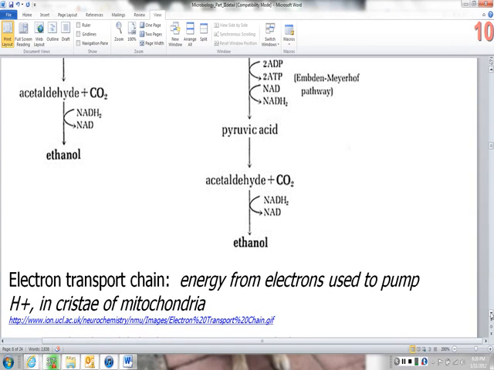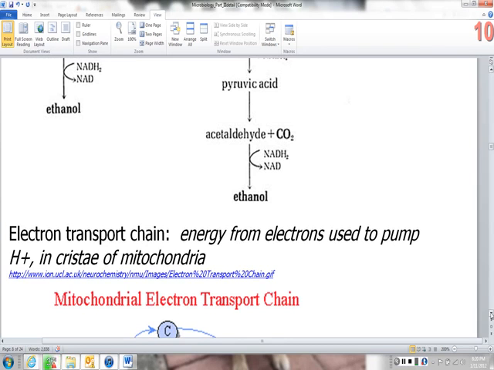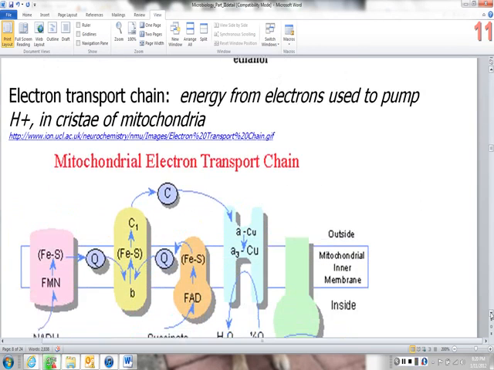The electron transport chain uses energy from the electrons to pump protons across a membrane in the cristae of the mitochondria. The source of electrons is the NADH and FADH2 from the Krebs cycle. The membrane is embedded with carrier molecules, which will pass the electrons down the chain.